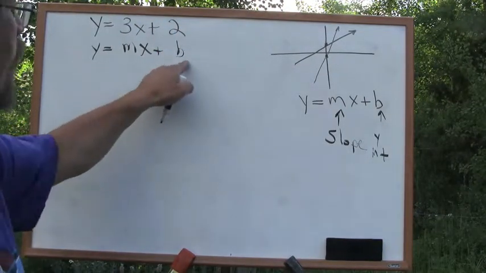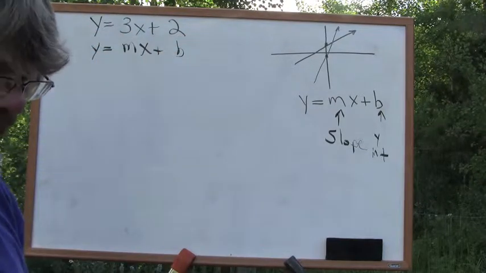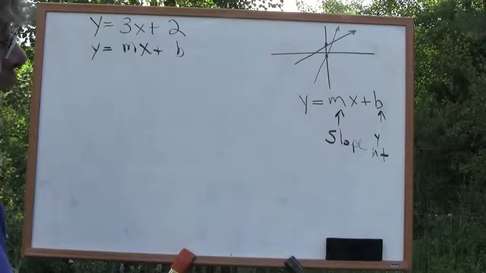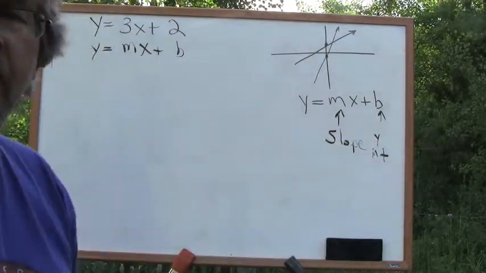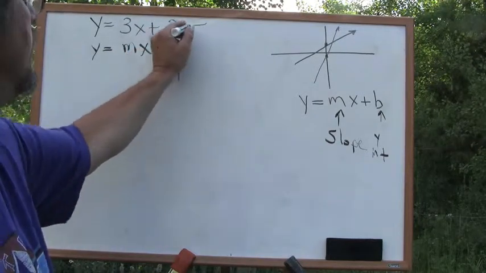So this is the form that some linear equations take, and it's very important to recognize that b is the y-intercept, right there, this number.